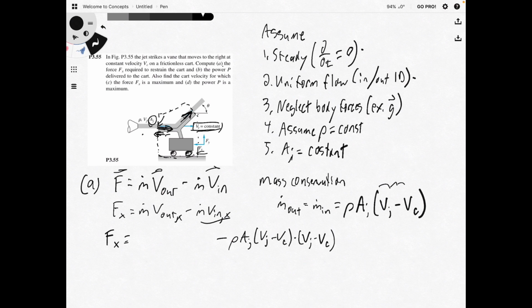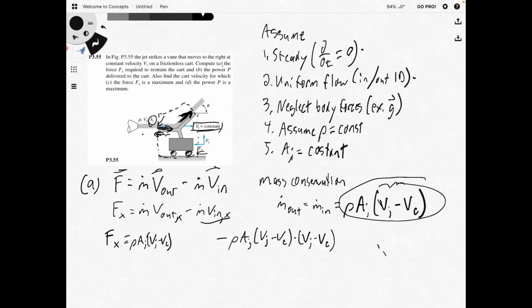And then for the momentum that's leaving our control volume, again, it's going to be m dot, which is the same expression, rho times Aj times Vj minus Vc. And now we need to find the x component of the velocity that's leaving our control volume. Remember, just a second ago, we said that the velocity that's leaving our control volume, in order to satisfy mass conservation, has this magnitude of Vj minus Vc.